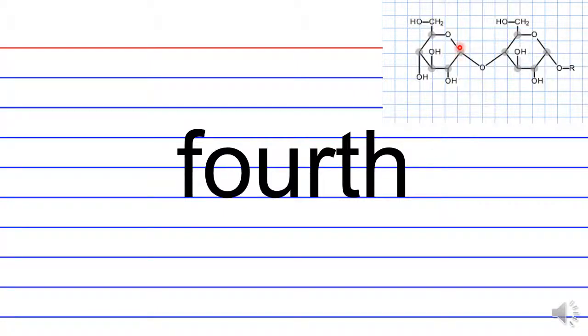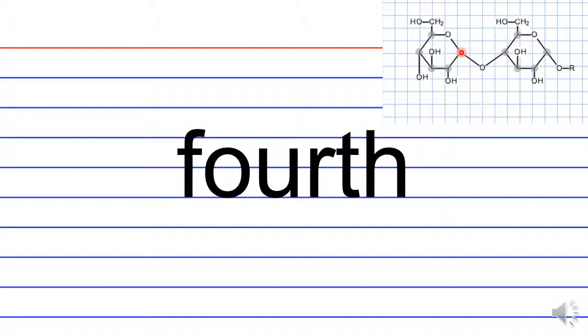So here we have the anomeric carbon of the first glucose subunit. And it's anomeric because the bond is beneath the glucose ring, or it's trans to this group right here. And this would be the 4th position carbon. The anomeric carbon is the carbon immediately to the right of the oxygen in a glucose ring.